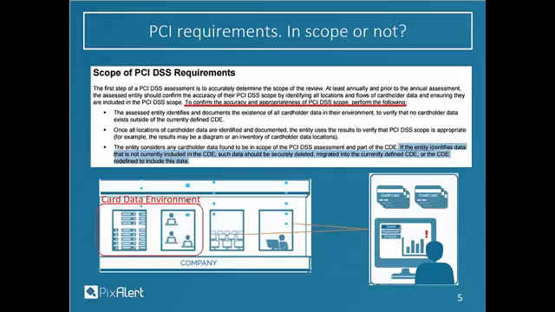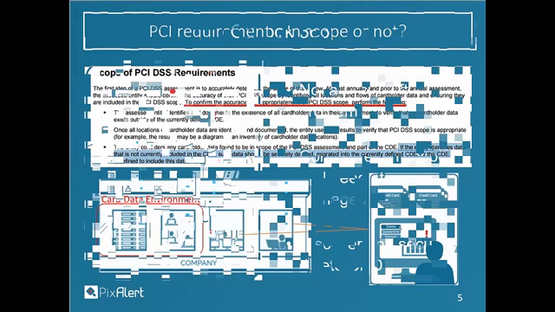If companies do find CHD outside of that defined environment, following the PCI DSS requirements, they can do one of the following: they can securely delete the data, they can migrate the data to the data environment, or they can remediate or redefine the data environment.